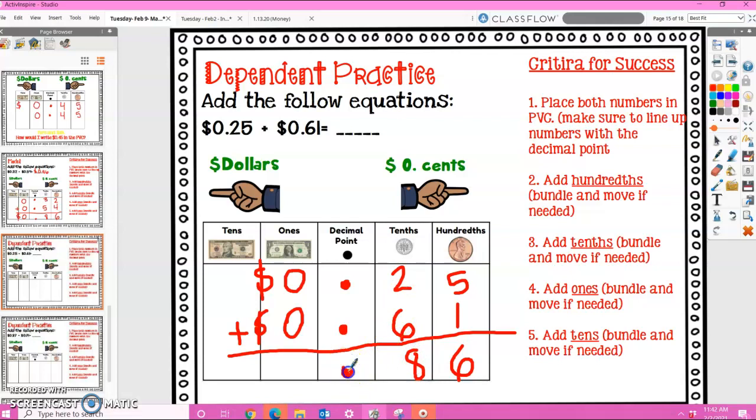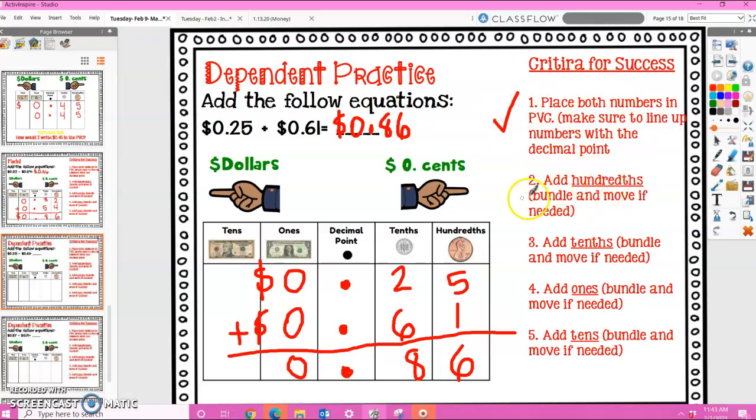Draw my decimal so I can separate my dollars. And 0 plus 0 is 0. So 25 cents plus 61 cents equals 86 again. $0, decimal, 86 cents.